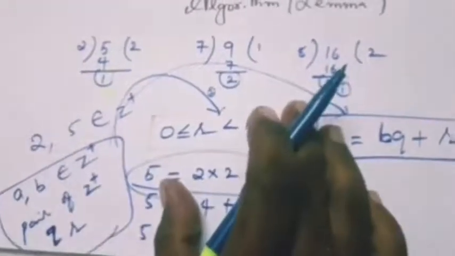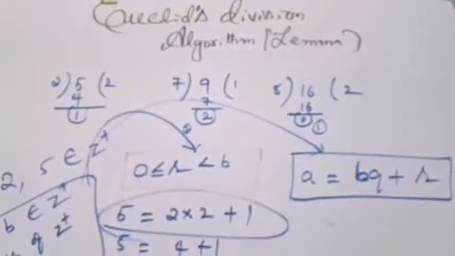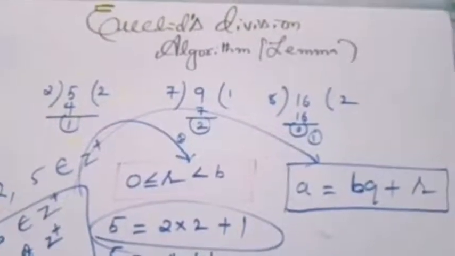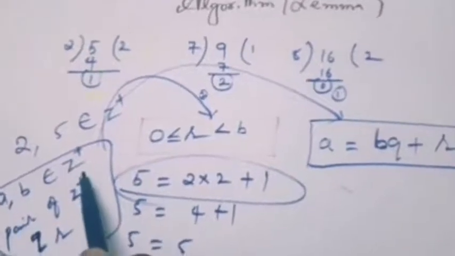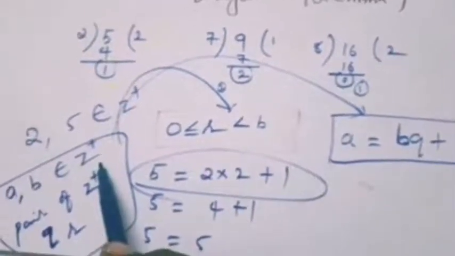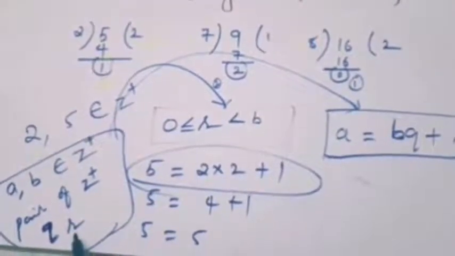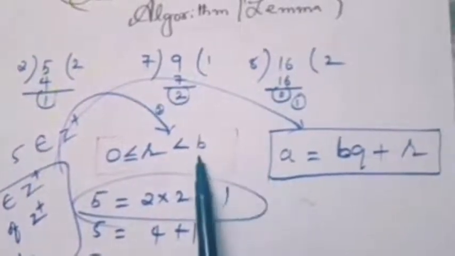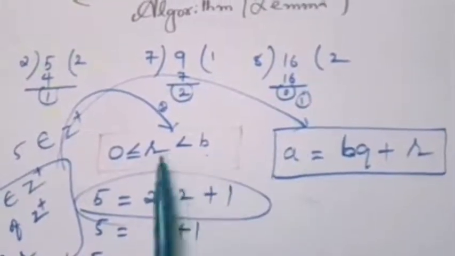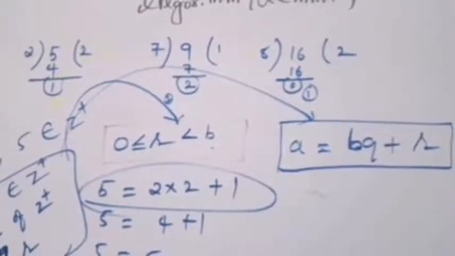This I can call Euclid's division algorithm or Euclid's division lemma. So now I can tell you, if a comma b are any two positive integers, there exists a pair of positive integers q comma r to satisfy these two conditions. These two conditions are nothing but Euclid's division lemma. Understood? Okay.